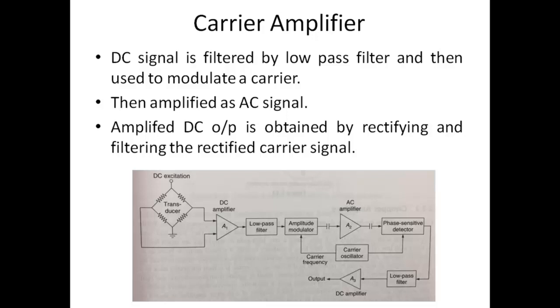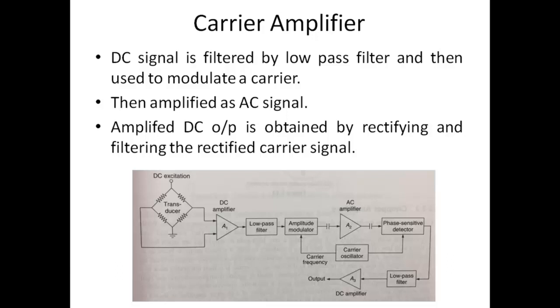The amplitude modulator multiplies the DC signal with the carrier wave. Hence, the output of the modulator has a phase reversal of 180 degrees whenever the DC signal is negative. The coupling capacitors used before and after the AC amplifier act as a sort of high pass filter.